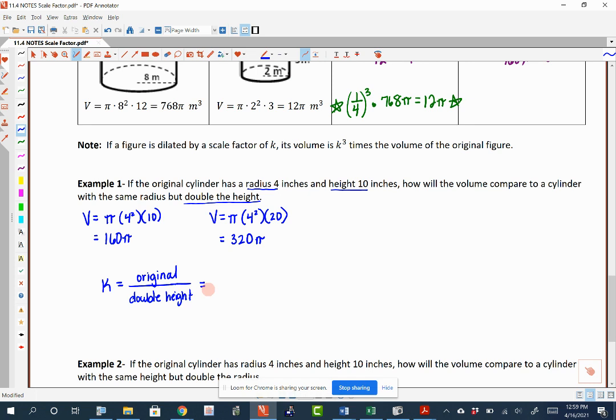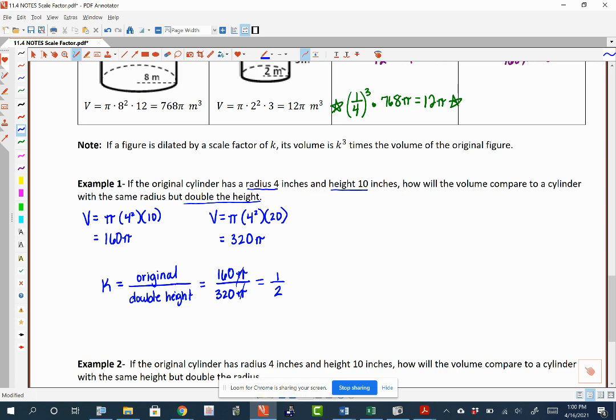So in this case, my original volume was 160 pi as compared to that doubled height volume, which was 320 pi. So our pi's will divide out, and 160 is half of 320. So our original shape is half the size of our new shape if we've just doubled the height. So when we double the height, then it changes that by 2. We're half of the original or double.